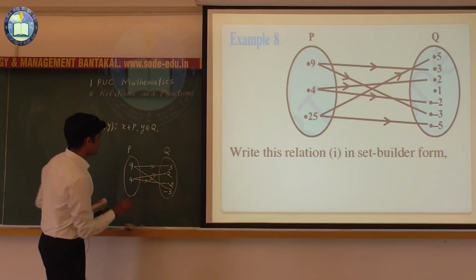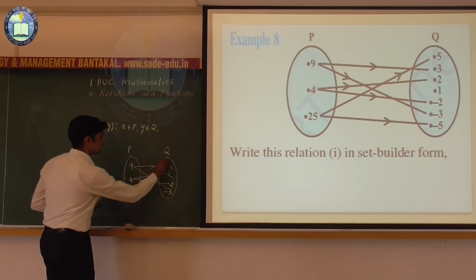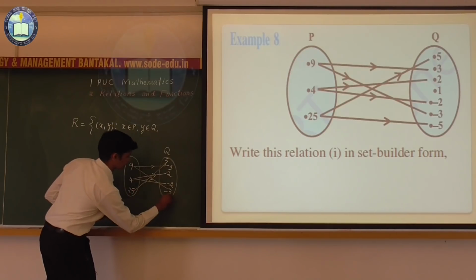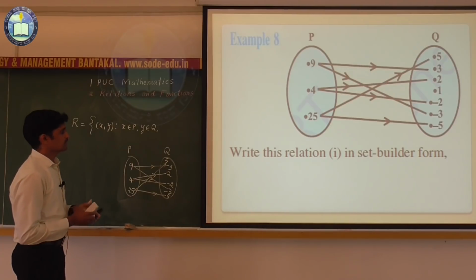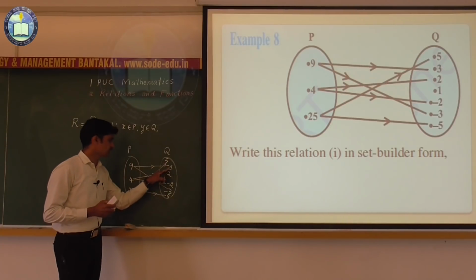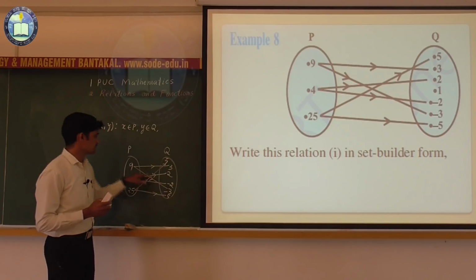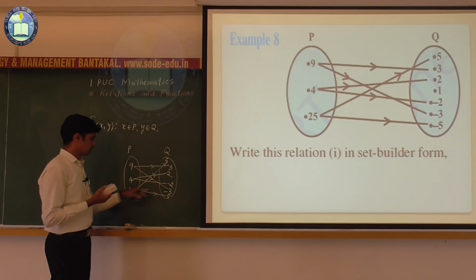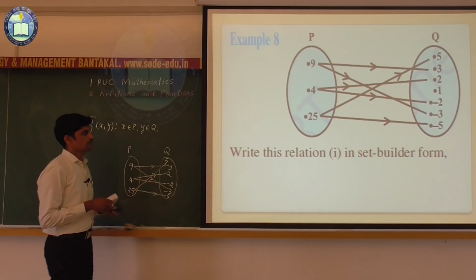And if you observe the image of 25 here, it is 5 or minus 5. So from this it is very clear that 9 is the square of 3 or minus 3. Square of 3 is also 9, square of minus 3 is also 9. 4 is the square of 2 or minus 2. 25 is the square of 5 or minus 5.